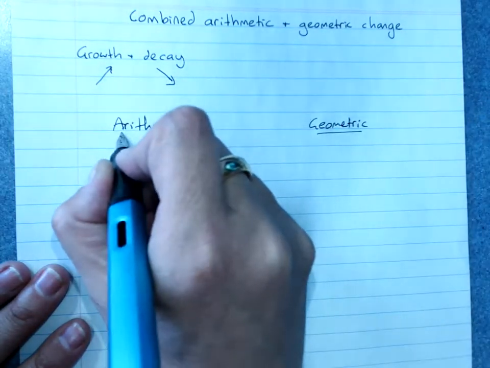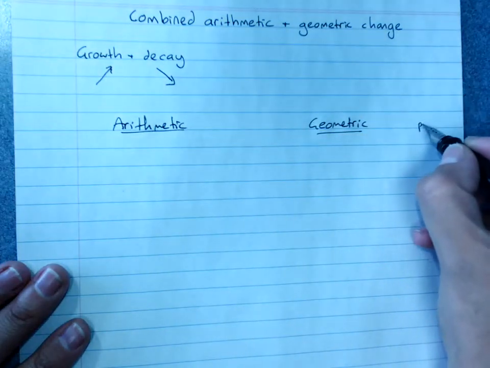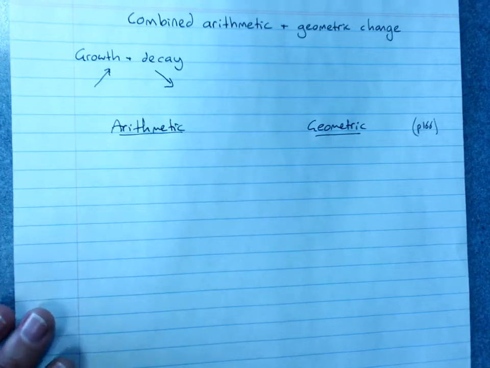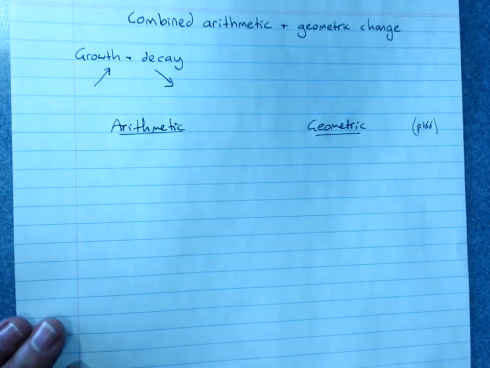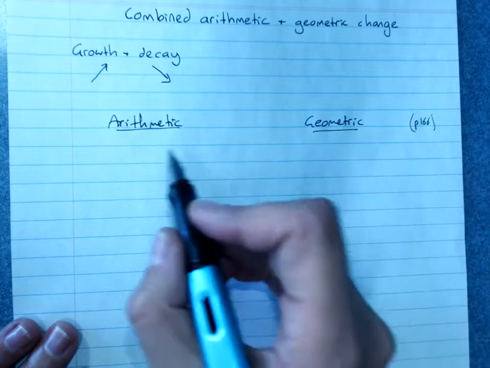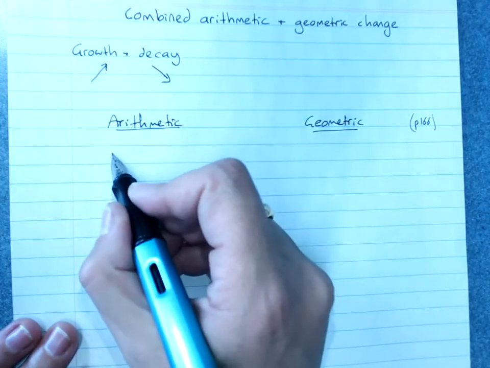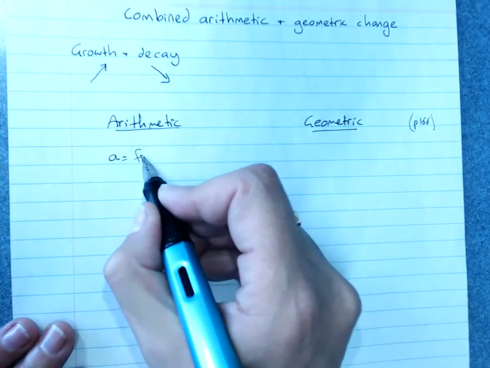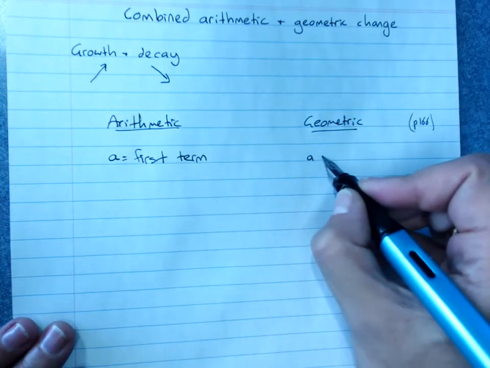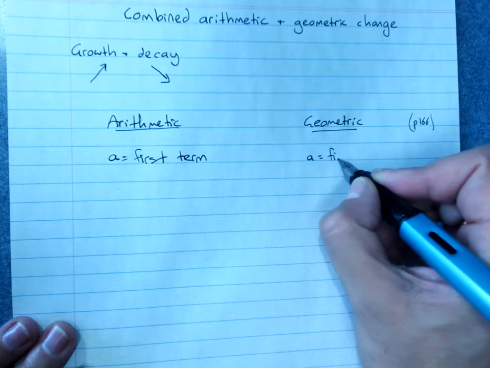And this actually comes from the table on page 166, so feel free to refer to that. They have different parts. In an arithmetic sequence, A is our first term, and that's the same in a geometric sequence.